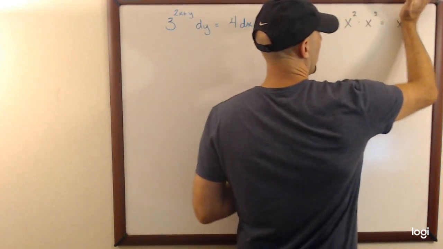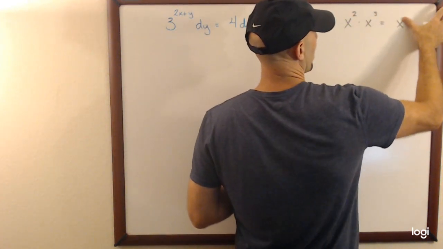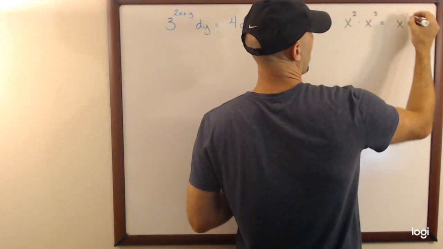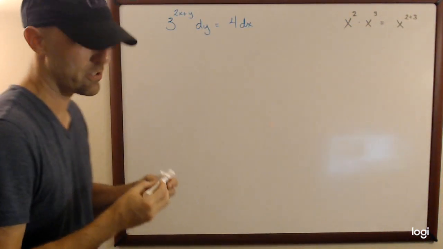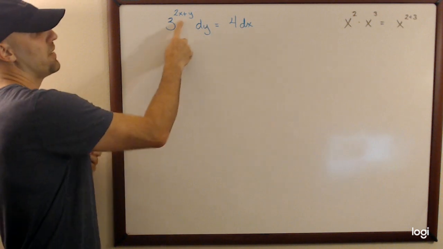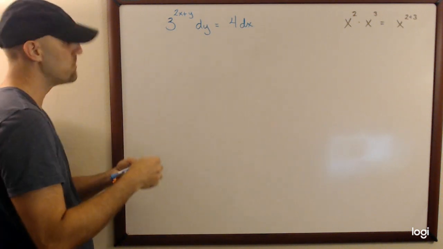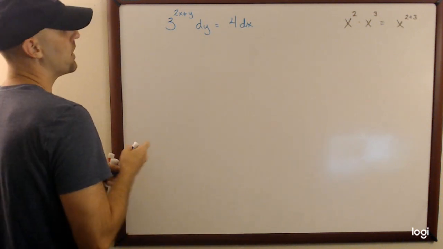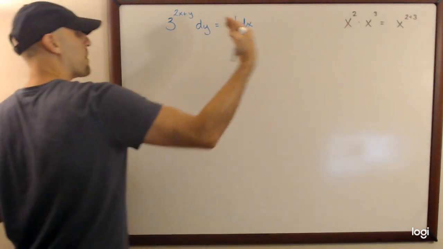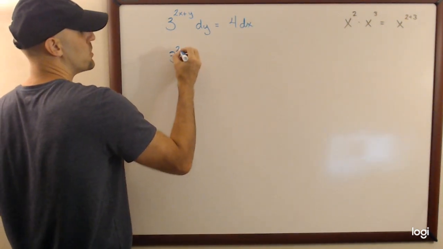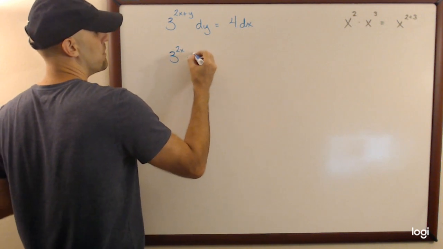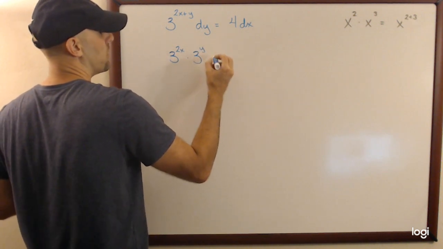But again, the property for multiplying like bases is that I add the exponents, for x to the 2 plus 3. Okay? Well, that's what I have here, right? I have exponents which are summed together. So what I can do is, I can just use that same property, but I'm going to use it in the other direction. So this is the same as 3 to the 2x times 3 to the y.